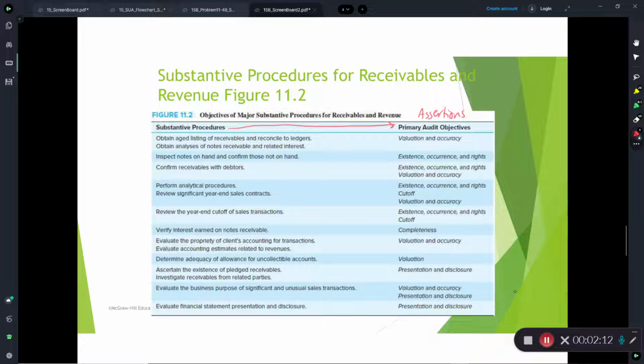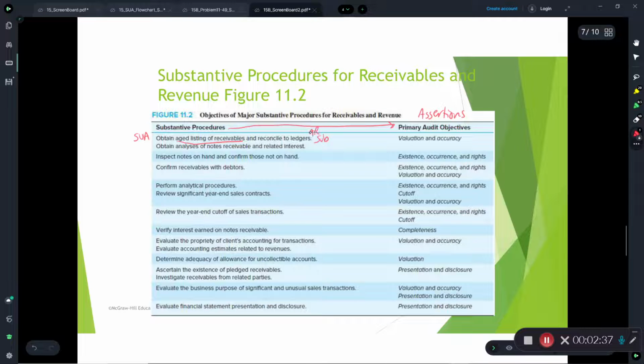For example, if we looked at this first one, obtain an aged listing of receivables, you actually did that with the SUA, or you're going to do that with the SUA, and you're actually going to be the one to prepare it in the SUA, but the auditor would receive that listing from you and then take it back to the subsidiary ledger.